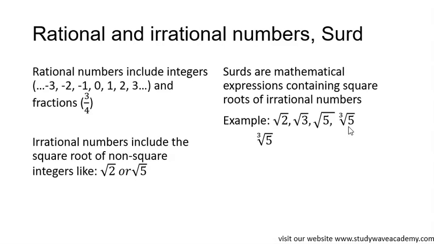Now, if you look for the square root of 4, you will find that it is 2, so that is not a surd. The square root of 9 is not a surd, because the square root of 9 is 3. 3 times 3 will give you 9. But you can't find the square root of 2 as a whole number.